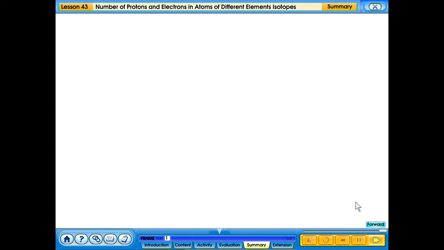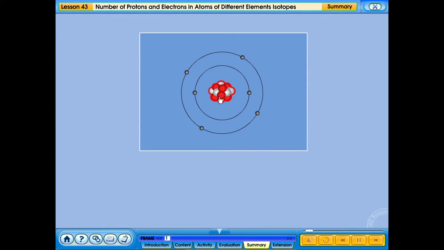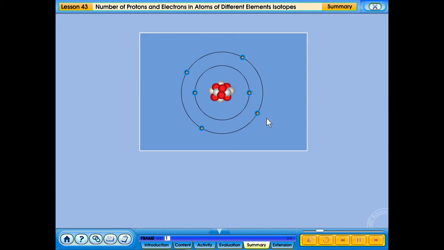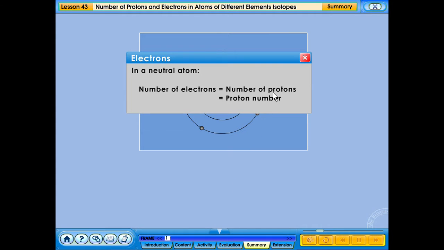Click the nucleus of the atom. Number of neutrons equals nucleon number minus number of protons. Click the electron of the atom. In a neutral atom, number of electrons equals number of protons equals proton number.